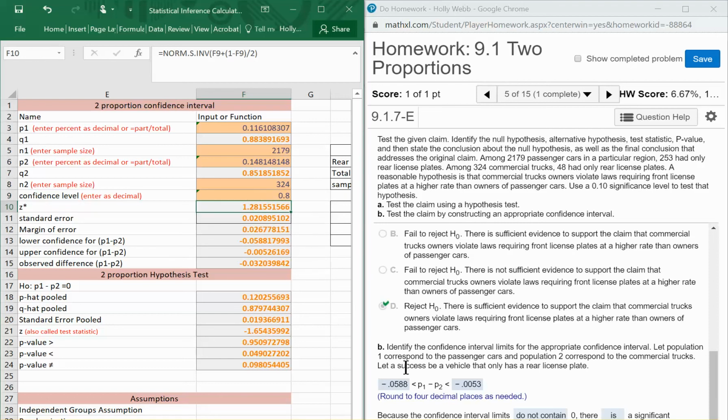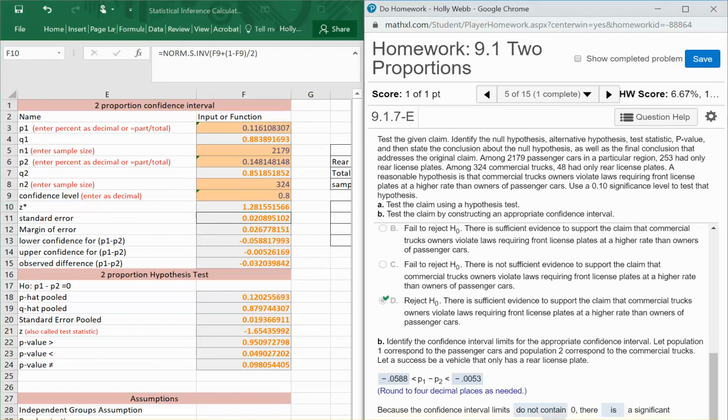So for our confidence interval, our confidence level is 0.8. And then you can see right here, lower confidence is negative 0.0588. Upper confidence is negative 0.0053, and so we can interpret our confidence interval.